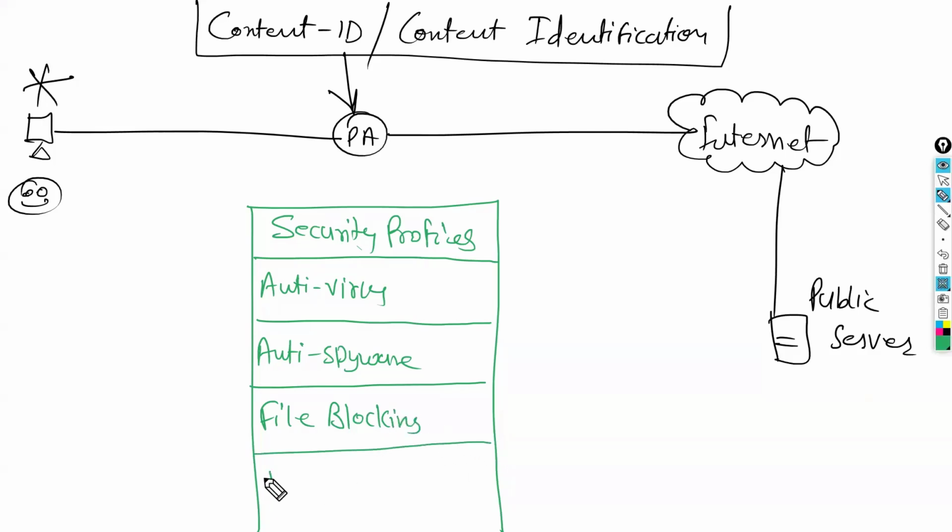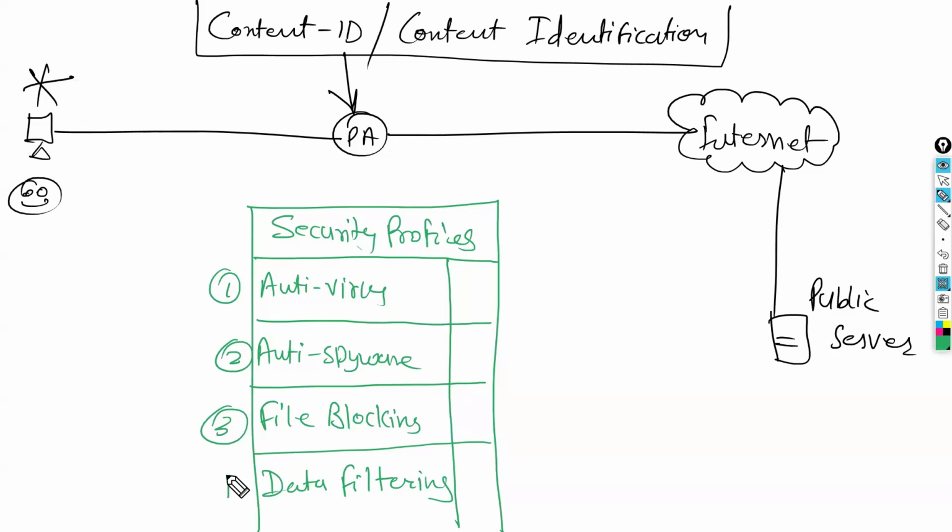Next, we have data filtering. Done. So what do we need to do? Simply, when we enable security profiles in Content-ID, you have four: antivirus, anti-spyware, file blocking, and data filtering. You need to enable these profiles.